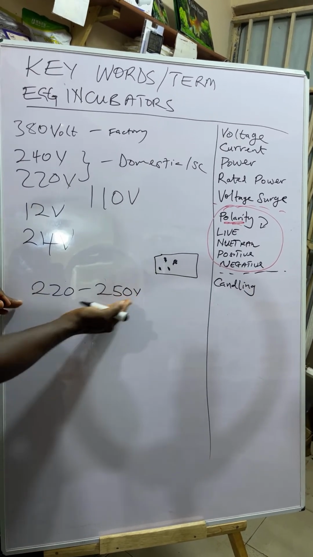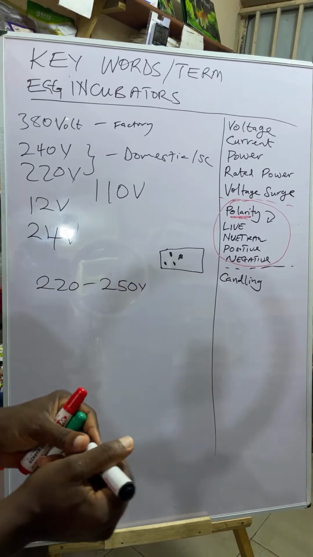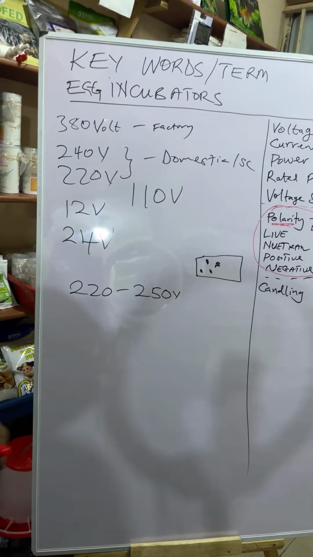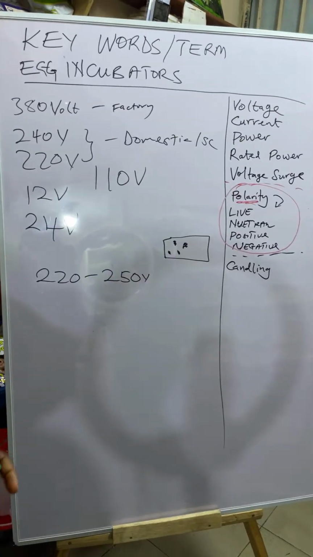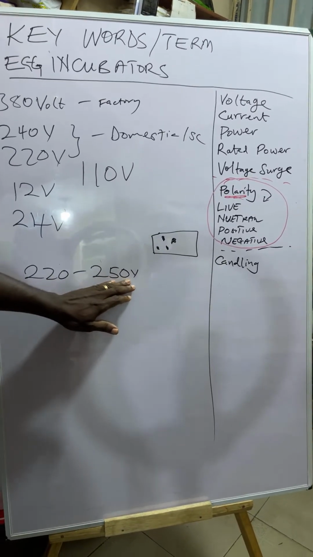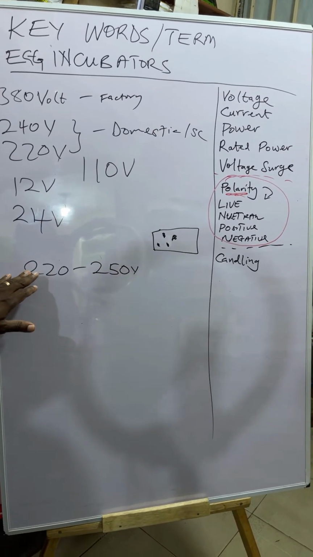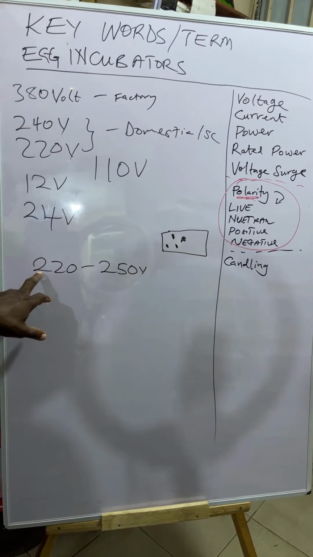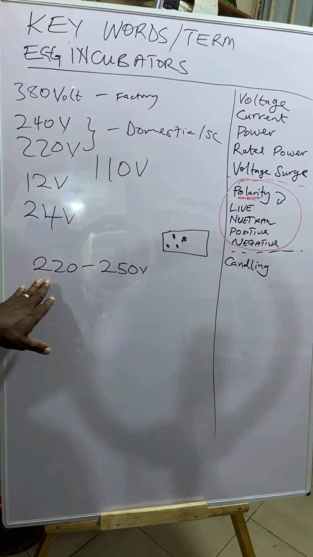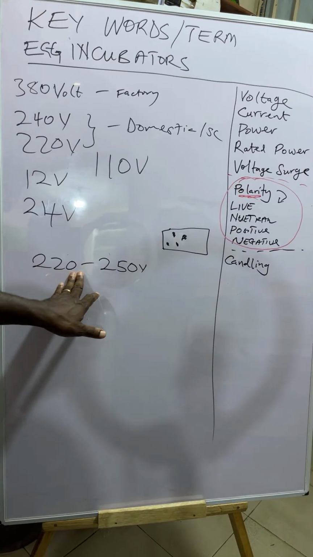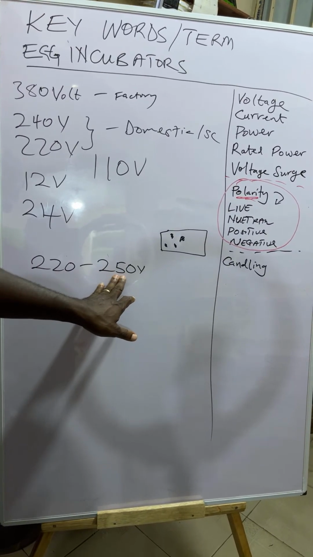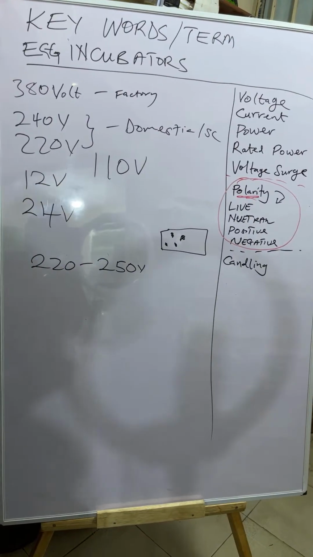It's a range. It doesn't stay on one voltage. Our country's voltage is not stable, so sometimes it is as low as 200 volts. Anything between 220 volts and 250 volts is for domestic use.